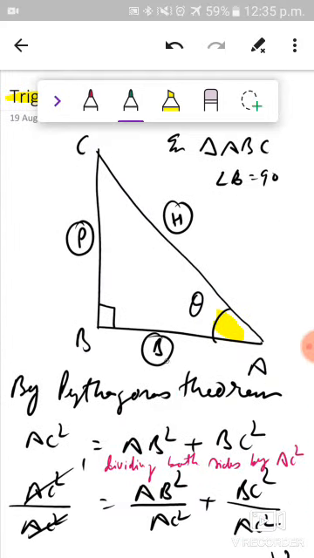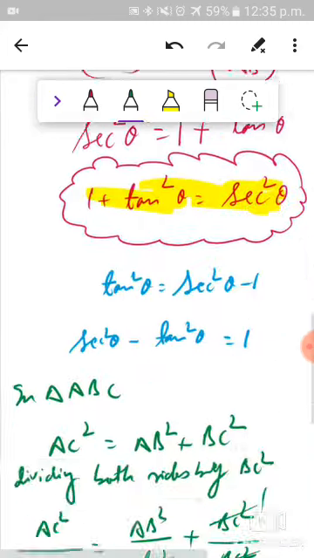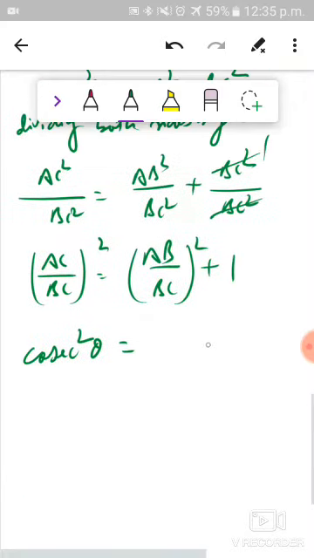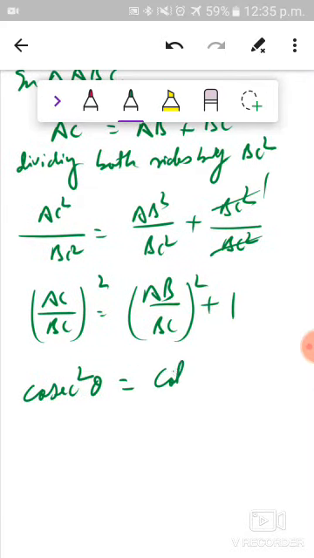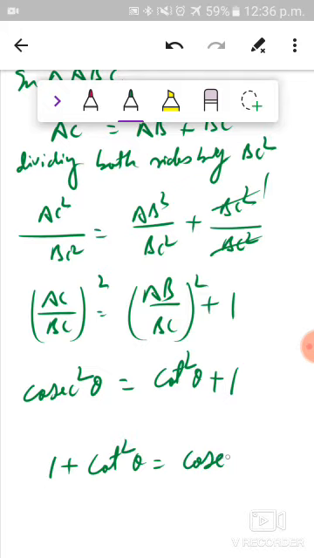AB is the base and BC is the perpendicular, so the ratio of base and perpendicular is cot. So that is cot square theta plus 1. You can learn it like this: 1 plus cot square theta is equal to cosec square theta.